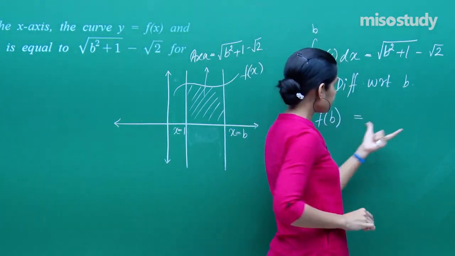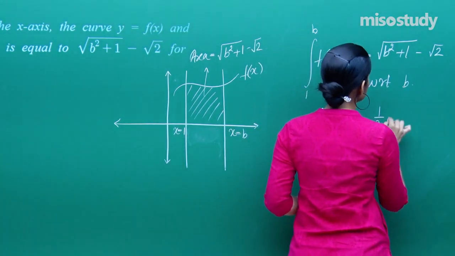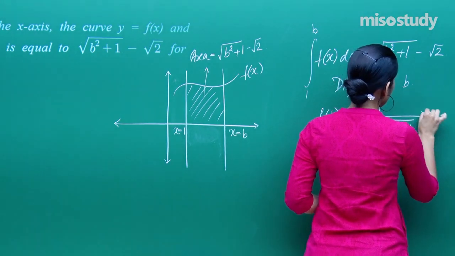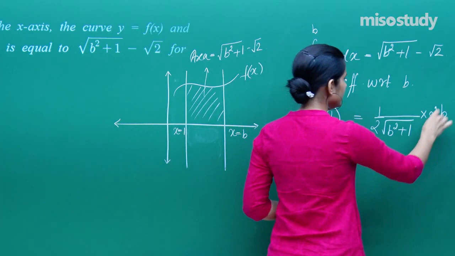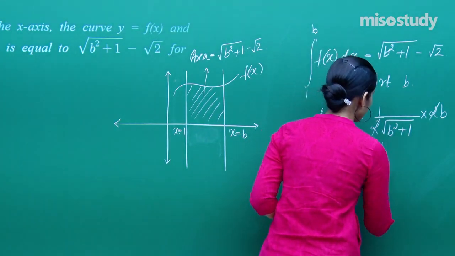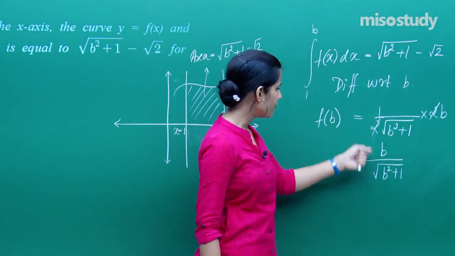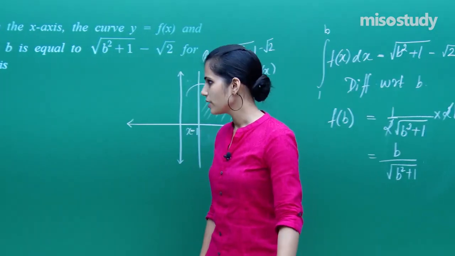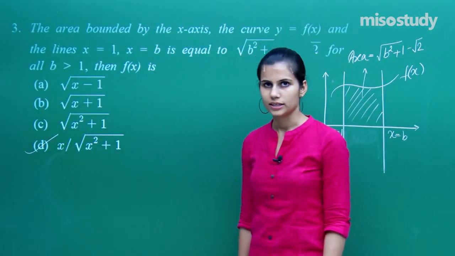Differentiate the right side also with respect to b: you have 1 by 2 root over b square plus 1 multiplied by 2b, minus 0. This 2 gets cancelled, you have b upon root over b square plus 1. If f of b is b upon root over b square plus 1, f of x is x upon root over x square plus 1.